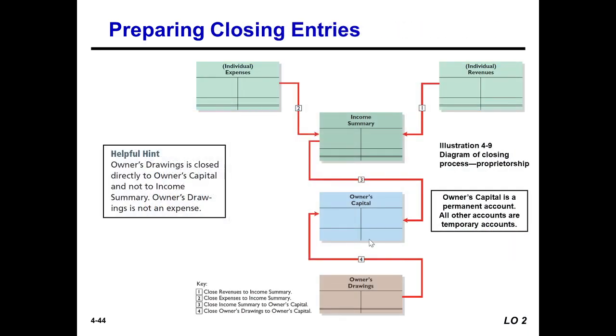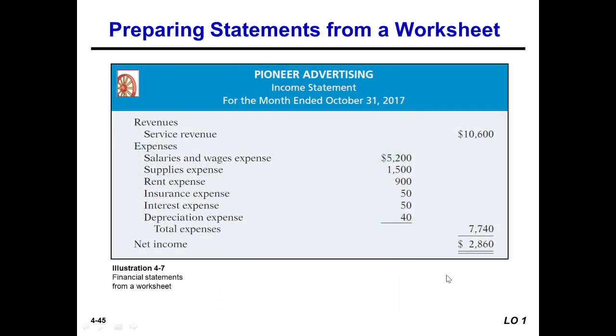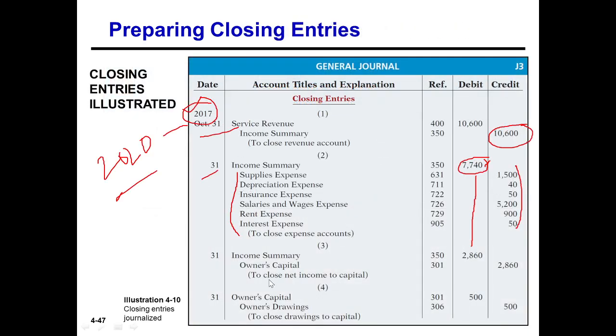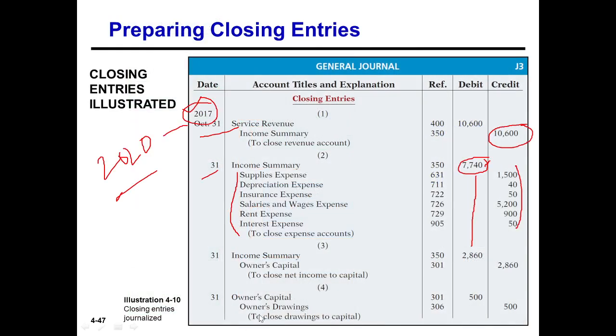The point is: close income summary to owner's capital, and finally owner's capital debit and drawing credit. We know drawing is always debit, but when you close the accounts, owner's drawing will be credit and owner's capital debit.